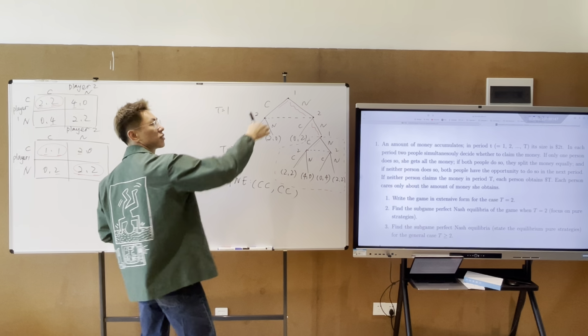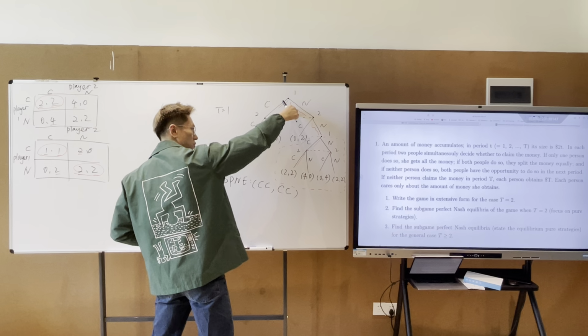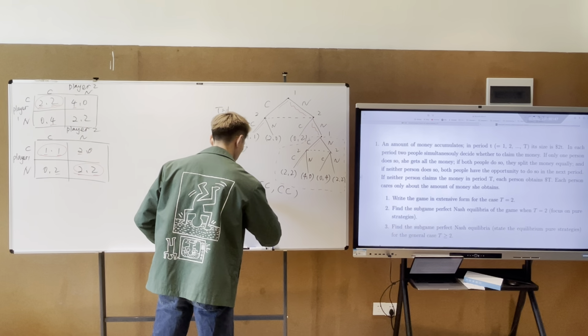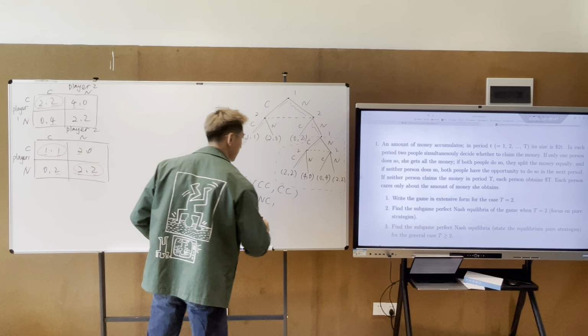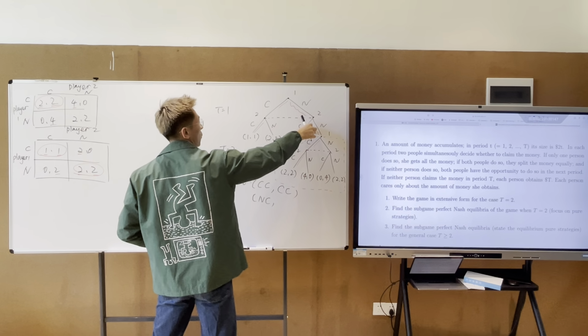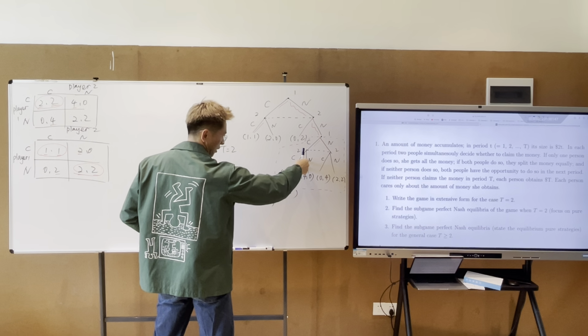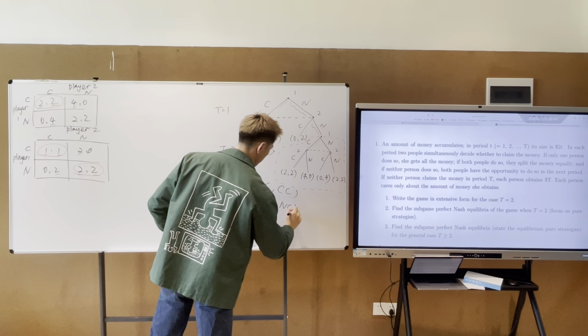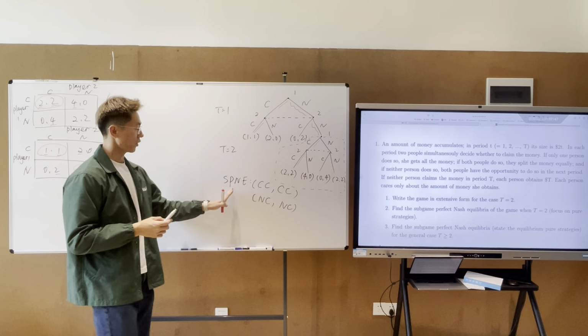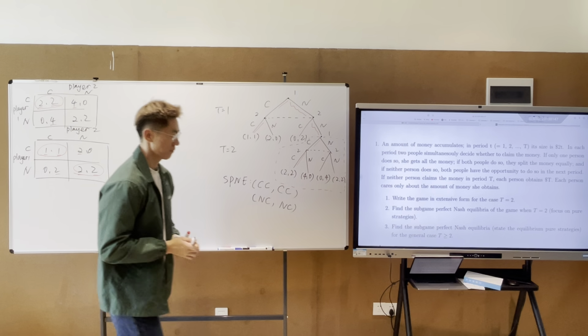And the other is player 1 chooses not to claim in period 1, but claims in period 2, NC. And player 2 chooses not to claim in period 1, but claims in period 2, NC. So these are the subgame perfect Nash equilibria of this game.